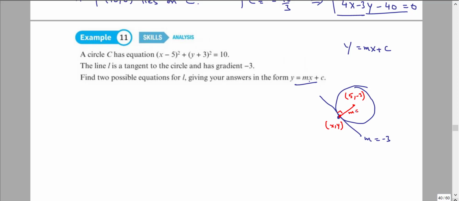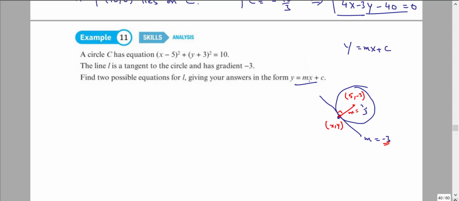Can you tell me what's the gradient of the radius? The gradient of the tangent line is -3, but the gradient of the radius is what? So you flip this and it will be 1/3. Okay? So get the equation of this line.